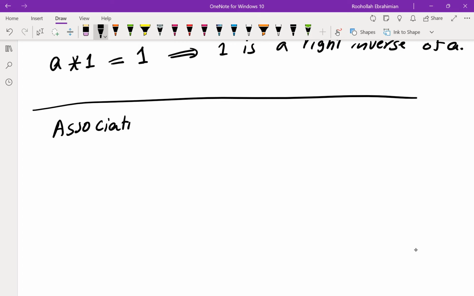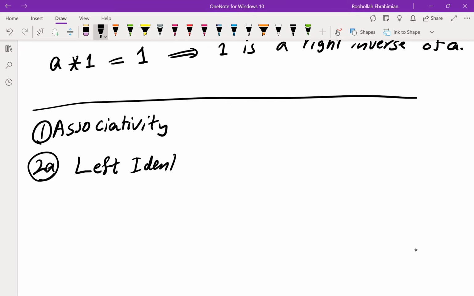It satisfies 2A, which is left identity, and it also satisfies 3A, which is left inverse. So a better definition of a group would be this.